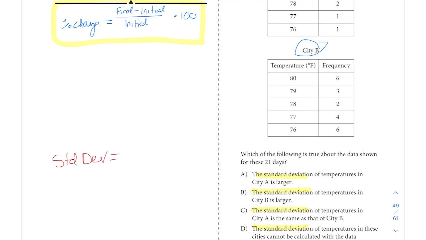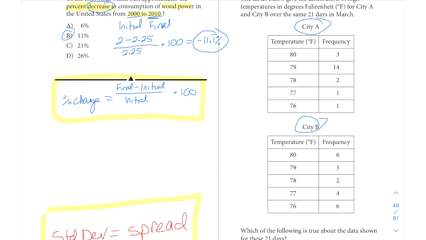And standard deviation, we'll put it over here just as a good takeaway, is going to tell you, in layman's terms, think of it as spread. It's how spread out the data is. So as long as we understand that concept of what standard deviation represents, then conceptually that should be enough for us to answer standard deviation questions correctly.